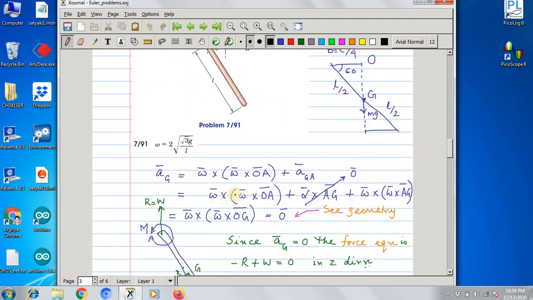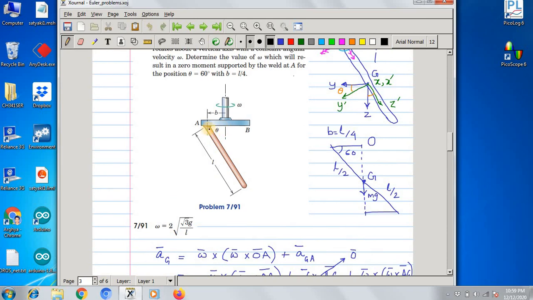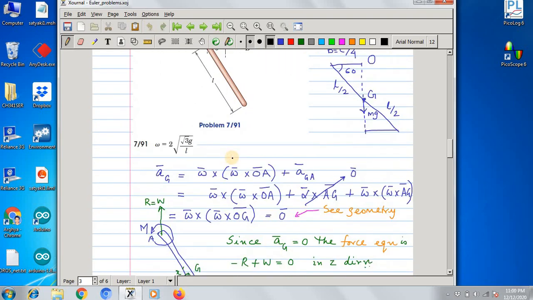So what is the acceleration of the center of mass? Acceleration of the center of mass is acceleration of the point A plus acceleration of point G, that is the center of mass, with respect to A.